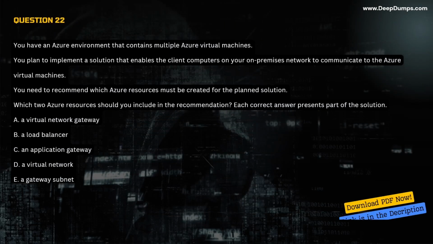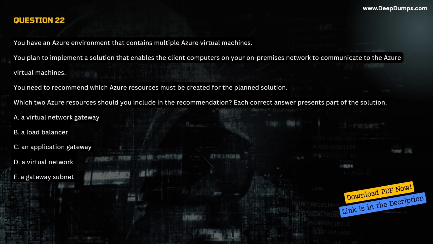Question 22. You have an Azure environment that contains multiple Azure virtual machines. You plan to implement a solution that enables the client computers on your on-premises network to communicate to the Azure virtual machines. You need to recommend which Azure resources must be created for the planned solution. Which two Azure resources should you include in the recommendation? Each correct answer presents part of the solution. A. A virtual network gateway.